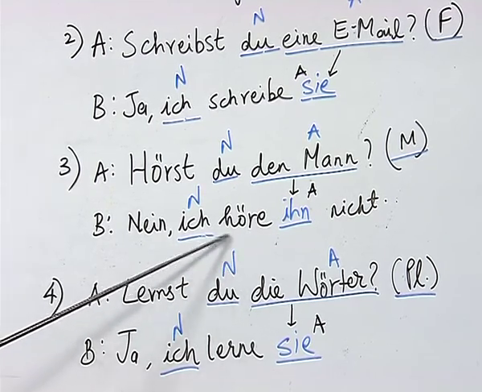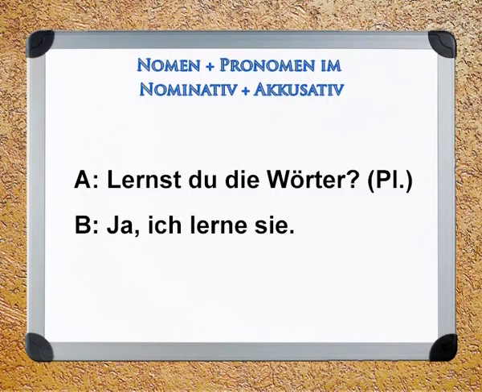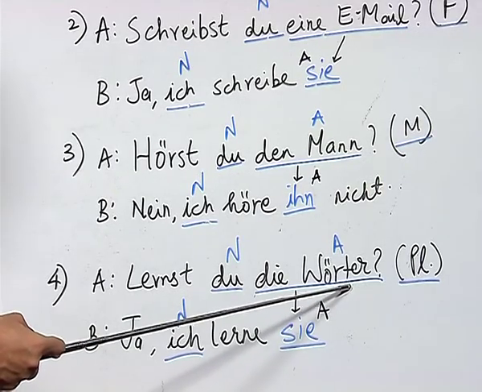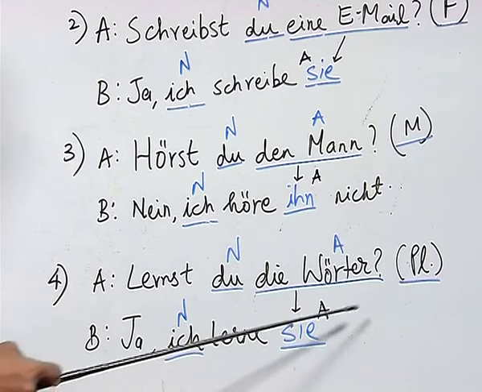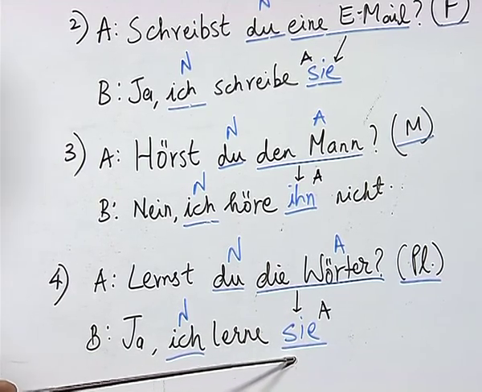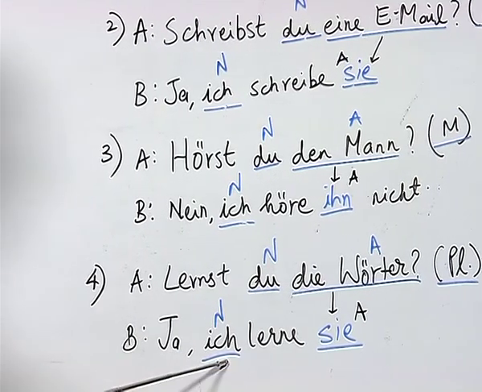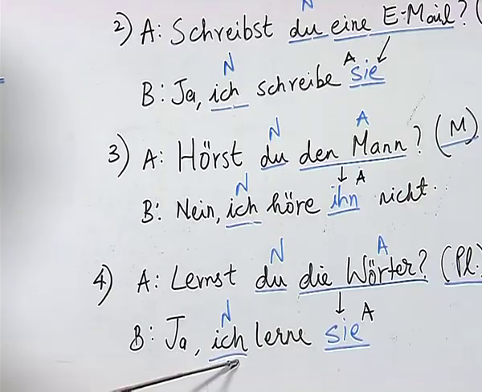So, we have this sentence, ich höre ihn nicht. Lernst du die Wörter? Ja, ich lerne sie. Here we have die Wörter, which means the words in plural being converted to the pronoun sie, and the nominative du in the question is replaced by nominative ich.